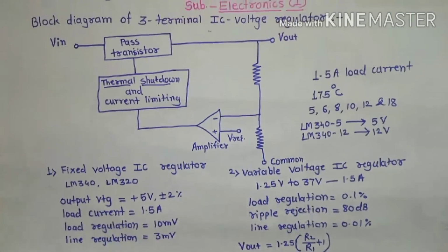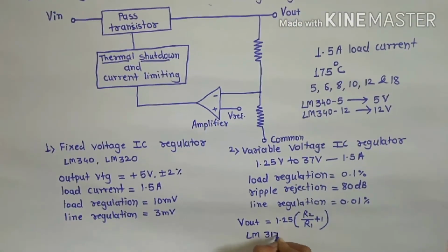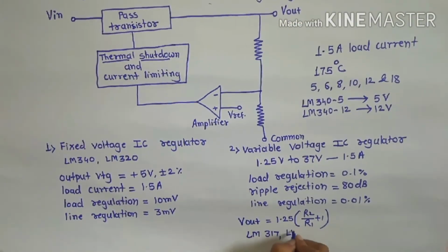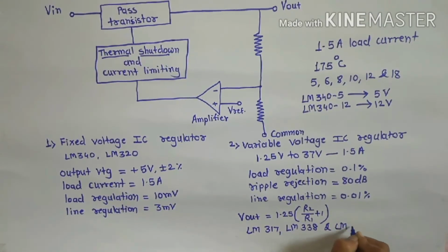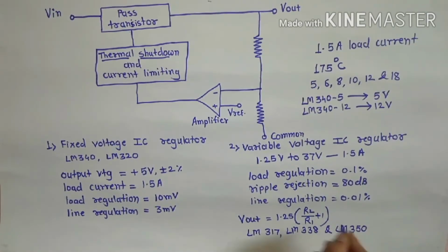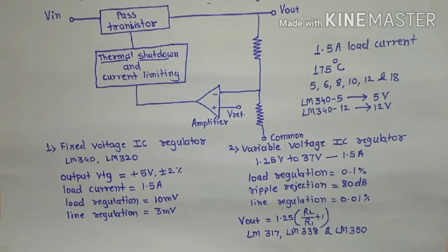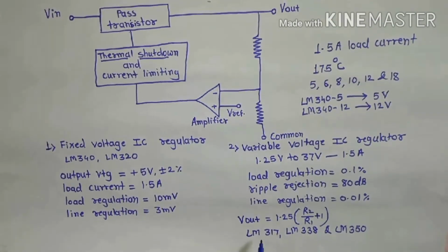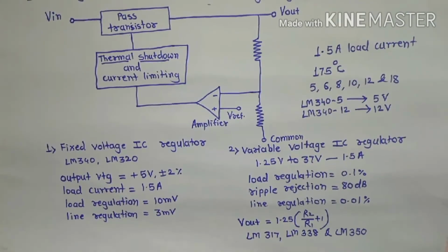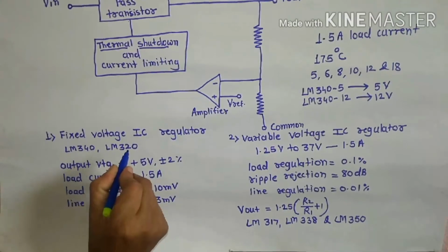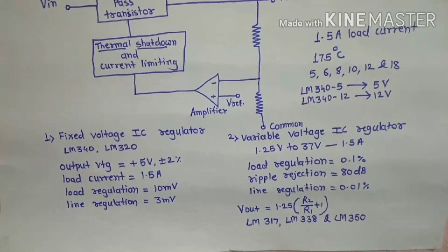Then the variable voltage regulator series are LM317, LM338 and LM350. These are the variable voltage regulator IC series. The 317 is used as a positive variable voltage regulator. This is all about the fixed voltage IC regulator and variable voltage regulator.